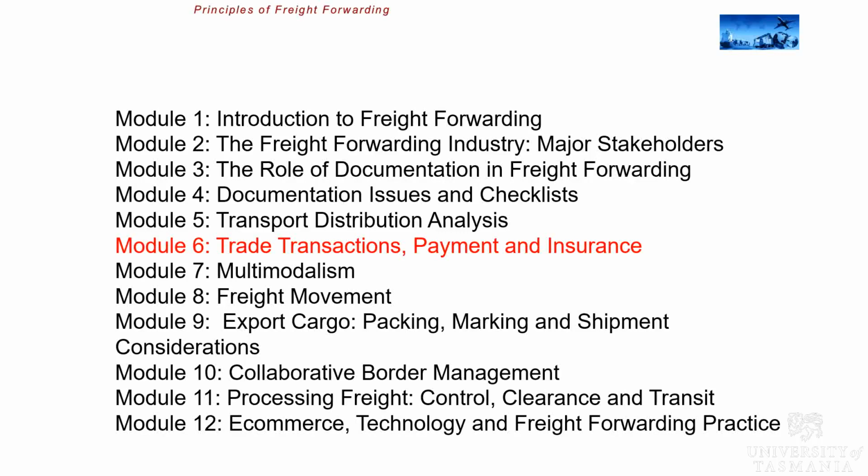Finally, I want to touch on insurance, insurance being critical to the international movement of goods due to the many risks and uncertainties that could lead to damage or loss of cargo. So in most situations, the shippers are going to procure insurance to cover the movement of goods.